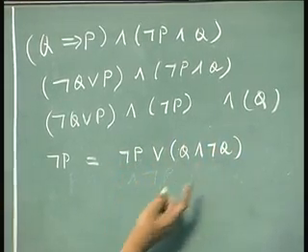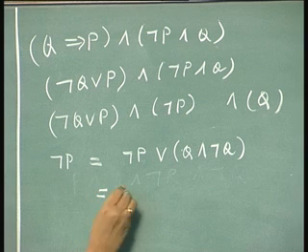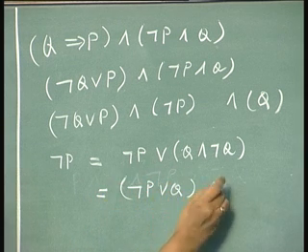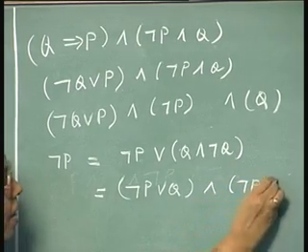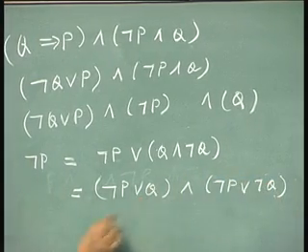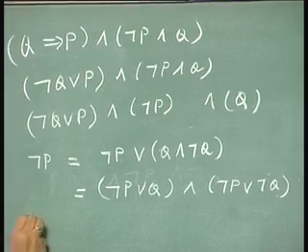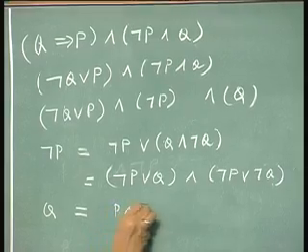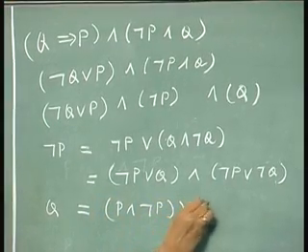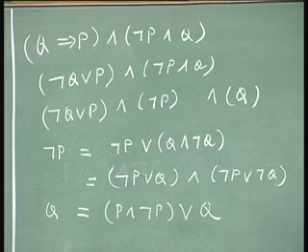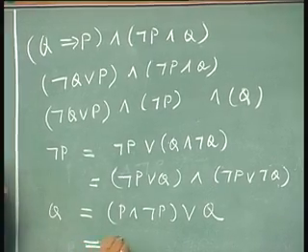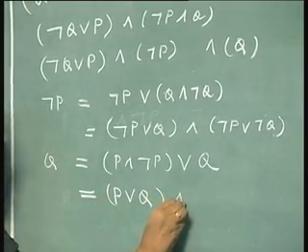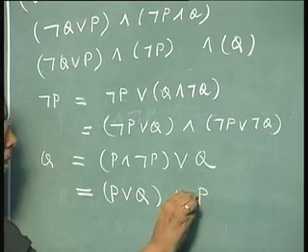So not P or 0 is not P, and this one using distributive laws will become not P or Q and not P or not Q. Similarly, Q can be written as P and not P or Q. You have to provide the missing variable like this, that is equal to, using distributive laws, P or Q and not P or Q.